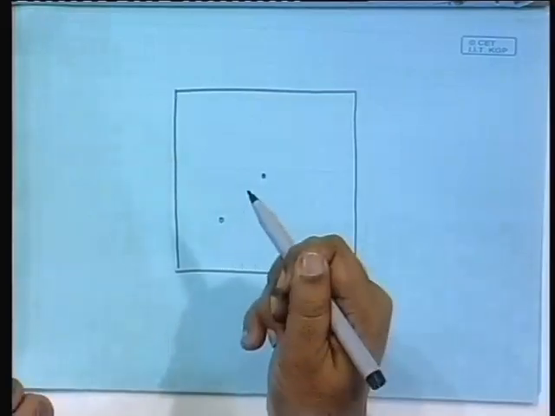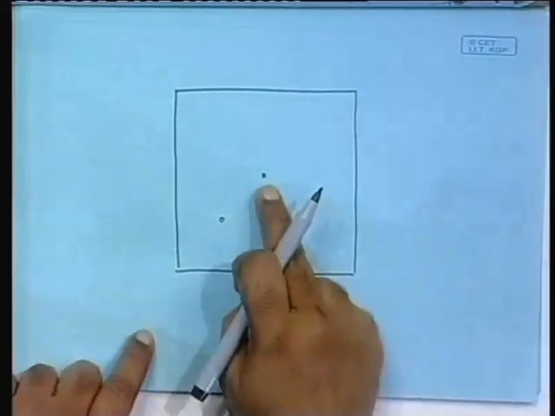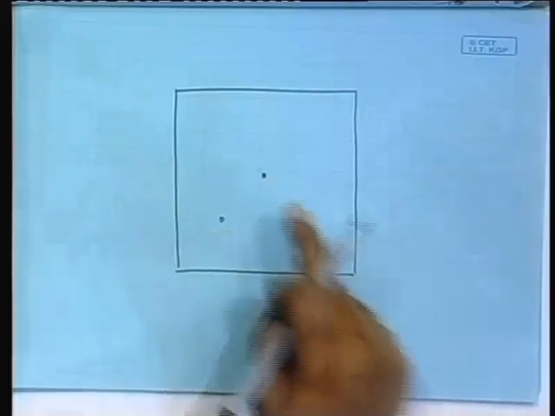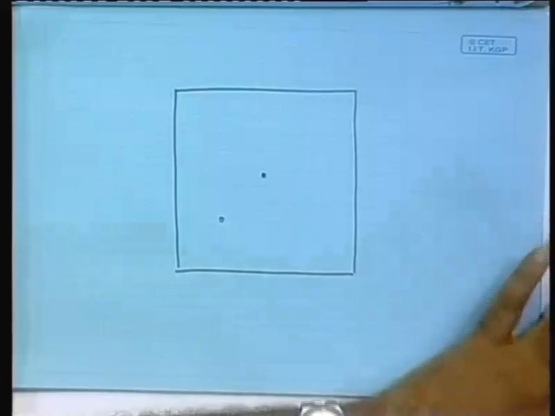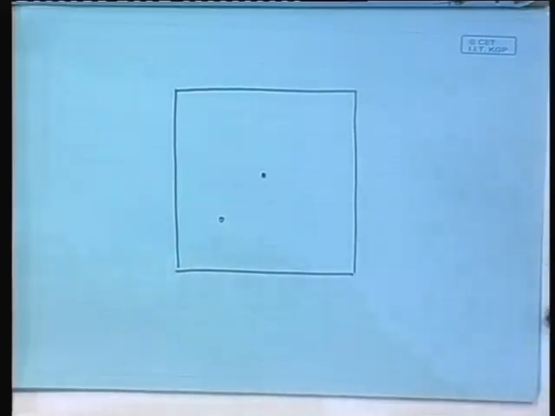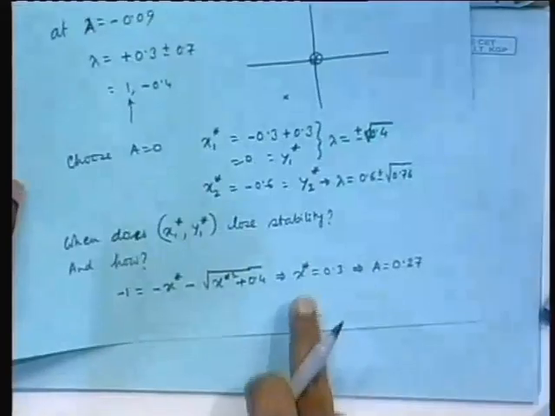As we change the parameter further, they moved, and when the period doubling bifurcation happened, what was the parameter value, what were the positions, you have already calculated, x star is equal to 0.3.